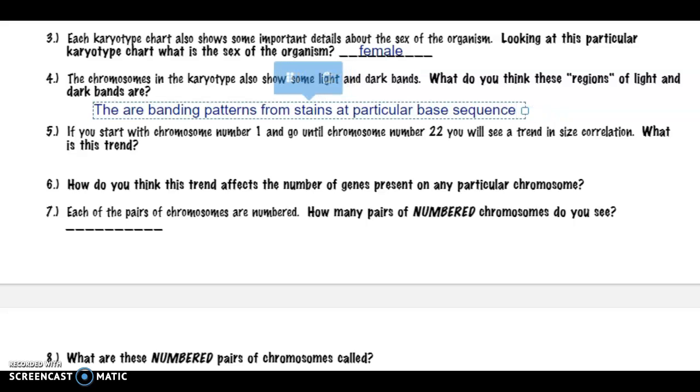And they can also indicate where certain genes are located.